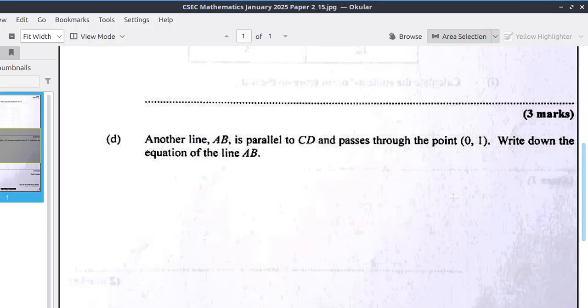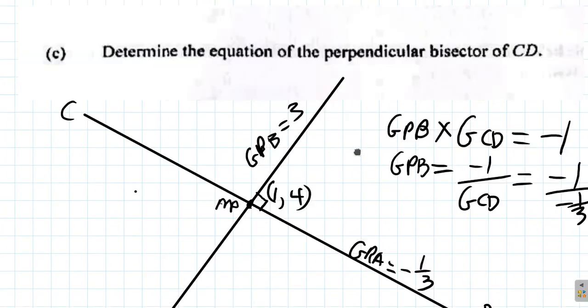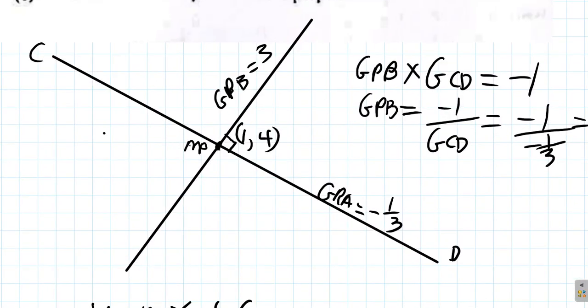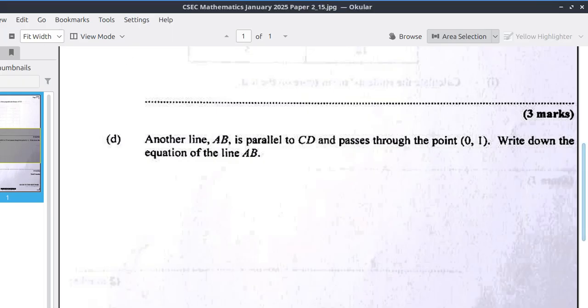Let me see what else they say. Another line AB is parallel to CD and passes through 0, 1. Write down the equation of AB. Alright. AB is parallel to CD. Passes through 0, 1.